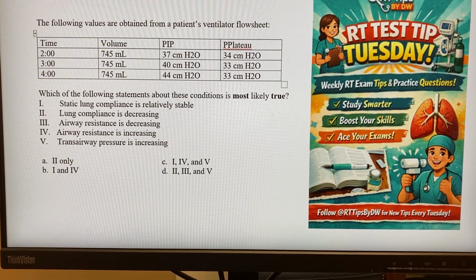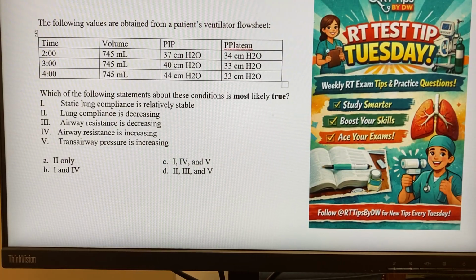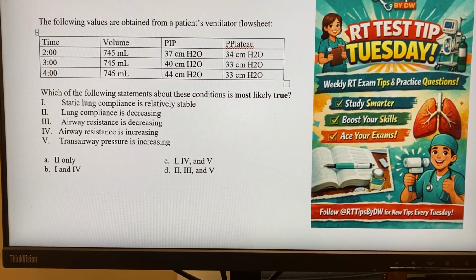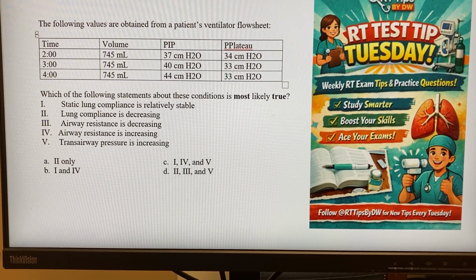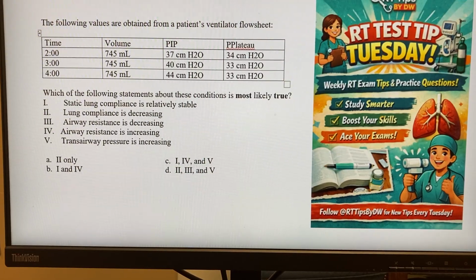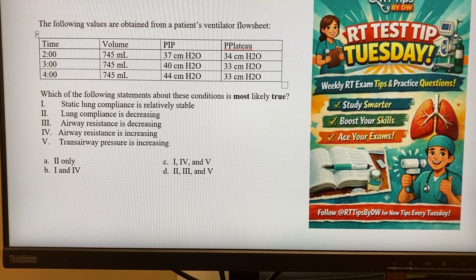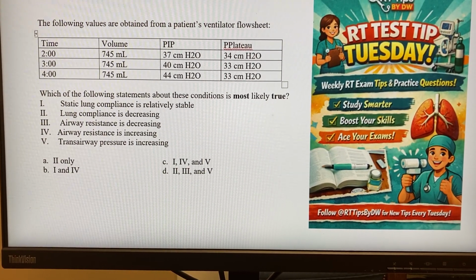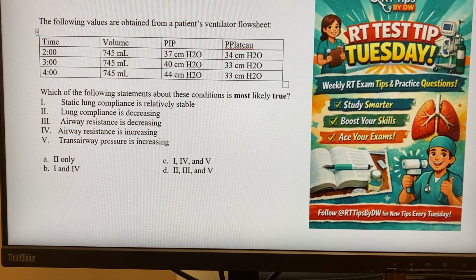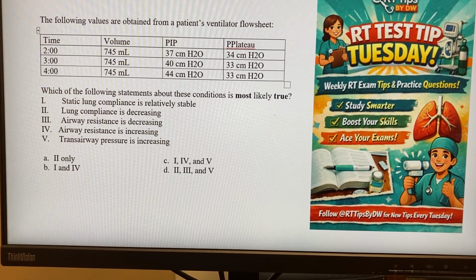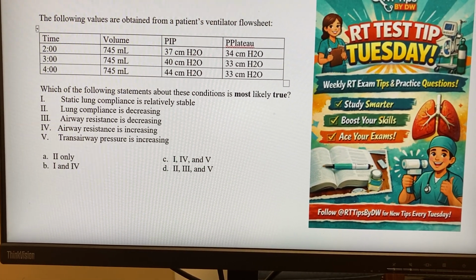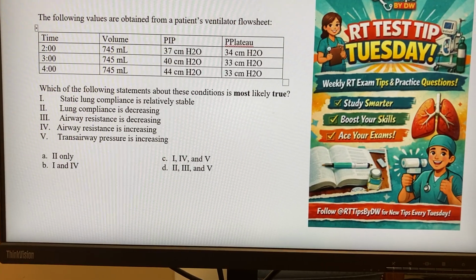I'll look at Roman numeral 4. Airway resistance is increasing. Our trans-airway pressure, based upon the subtraction of our peak inspiratory pressure minus our plateau pressure, we know that over the course of those 3 hours, has increased, and that is indicative of an increase in airway resistance, and 5 flat out states that the trans-airway pressure has increased.